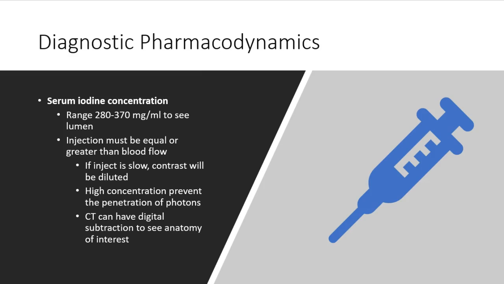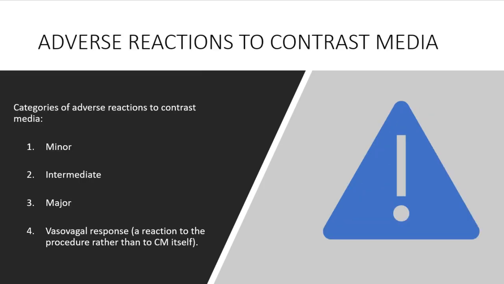So when we're injecting a higher concentration, it's going to absorb the photons, so you will have that contrast differentiation between the tissues and you can see the vessels well. CT can have digital subtraction to help see the anatomy of interest also, so we can subtract out the normal tissue that's not enhanced with the contrast.